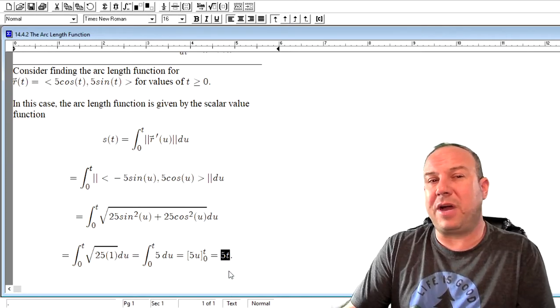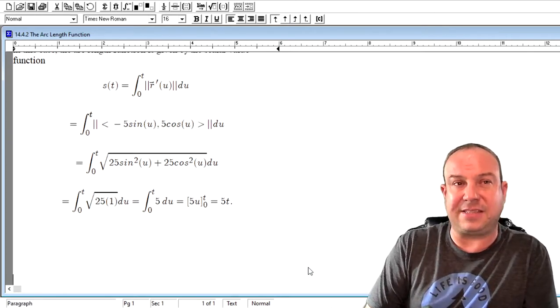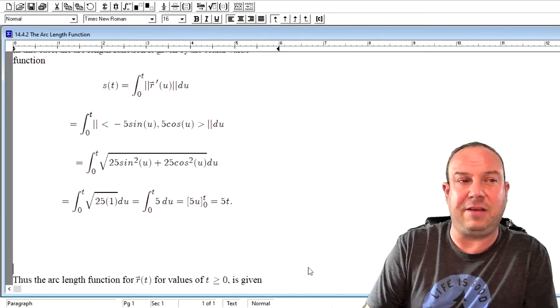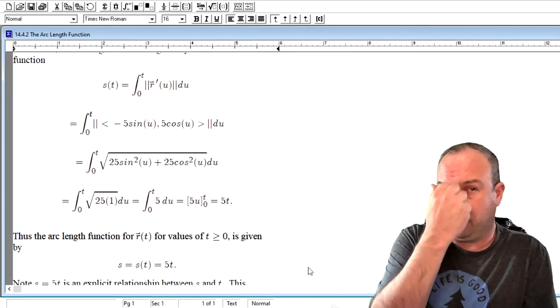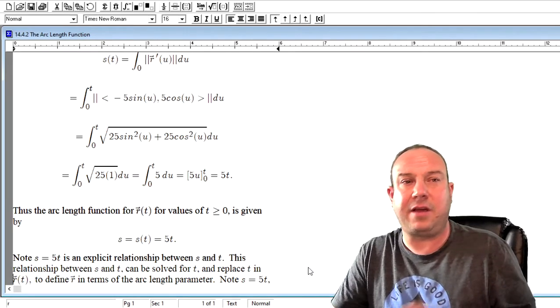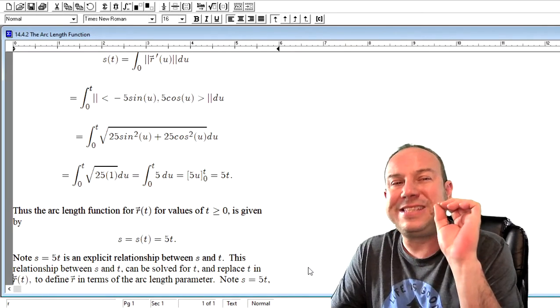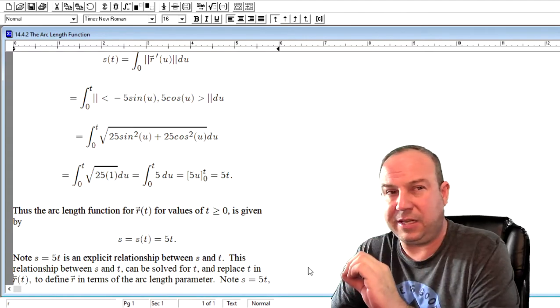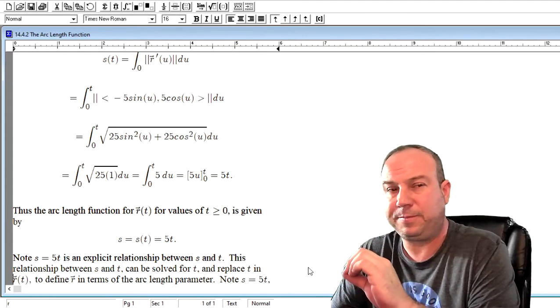It's just simply given by this function s of t equals 5t, right? Thus, for r bar of t, for values of t greater than or equal to 0, the arc length function here is s of t equal to 5t, or s equals 5t.